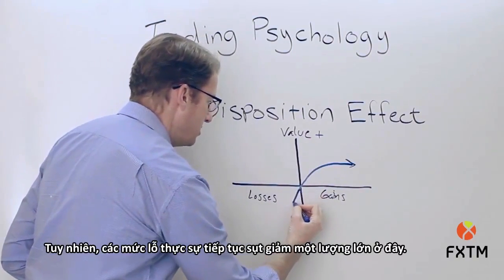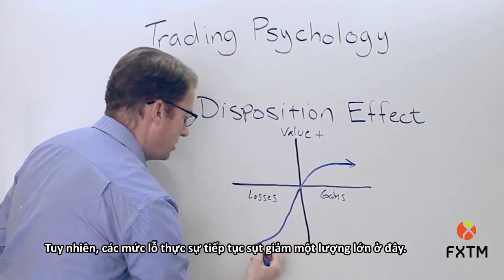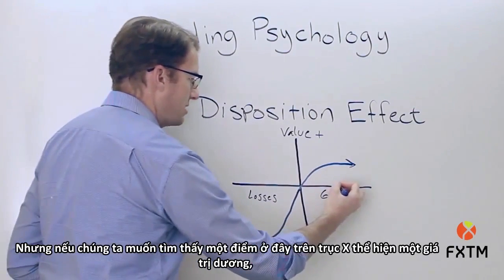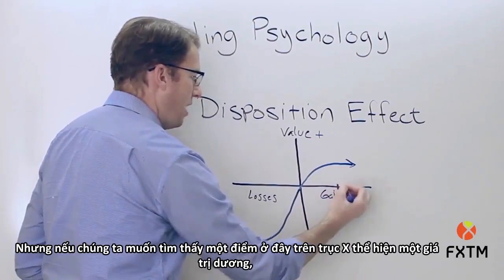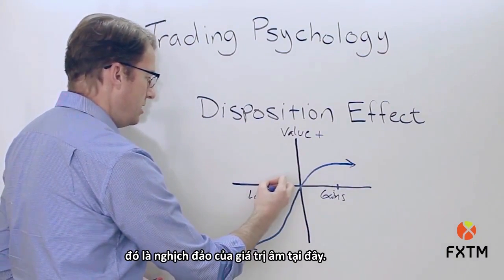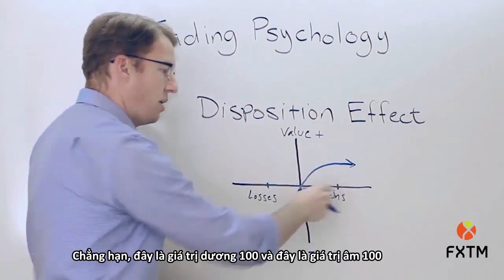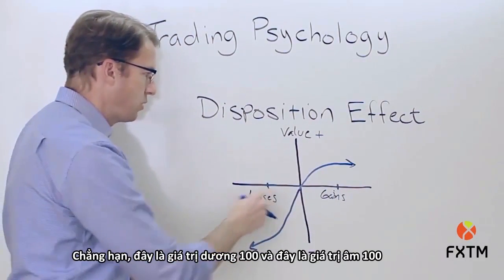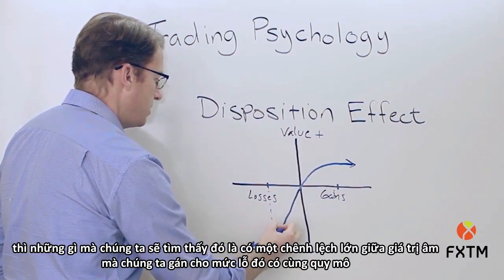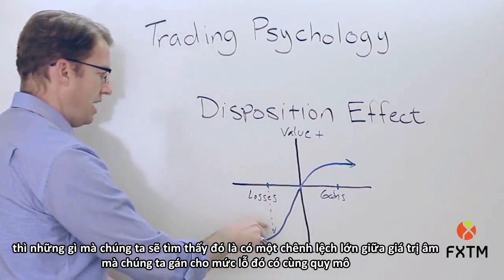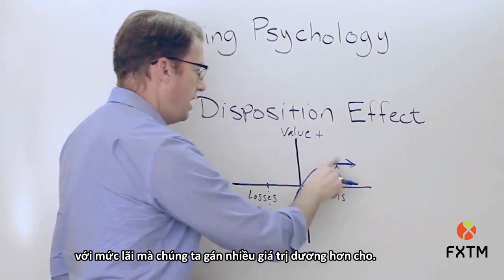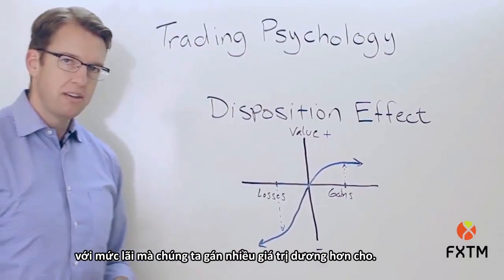However, with losses, we really continue to decline here quite a bit, where if we were to find a point on the x-axis here that represented a positive value that was the inverse of a negative value over here, so let's say this was a positive 100 and this was a negative 100, well, what we would find is that there is a significant difference between the negative value we attach to that loss and the much smaller positive value we attach to a gain of the same size.